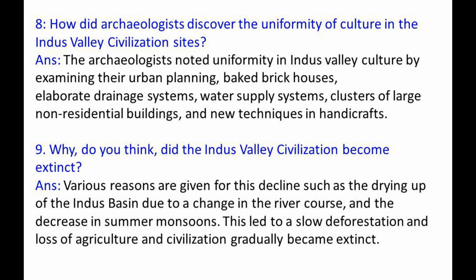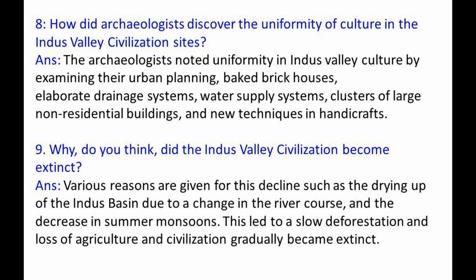The archaeologists noted uniformity in Indus Valley culture by examining their urban planning, baked brick houses, elaborate drainage systems, water supply systems, clusters of large non-residential buildings, and new techniques in handicrafts.